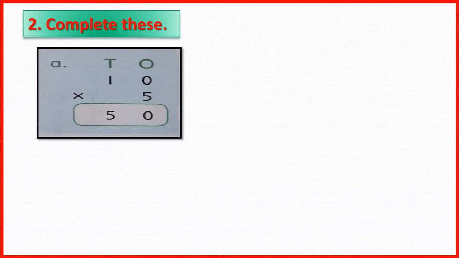10 multiplied by 5. Start with ones. 5 zeros are 0. Now multiply tens. 5 ones are 5. So the answer is 50. 10 fives are 50.